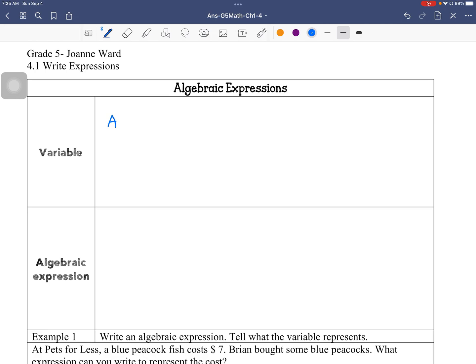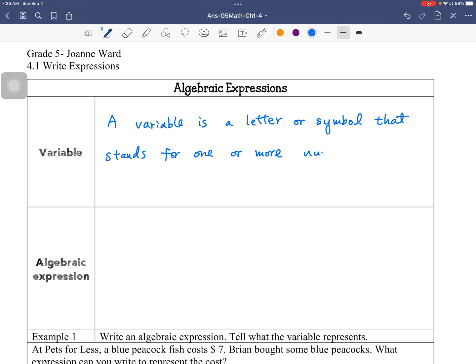So a variable is a letter or symbol that stands for one or more numbers. So a variable is a letter or symbol that stands for one or more numbers.